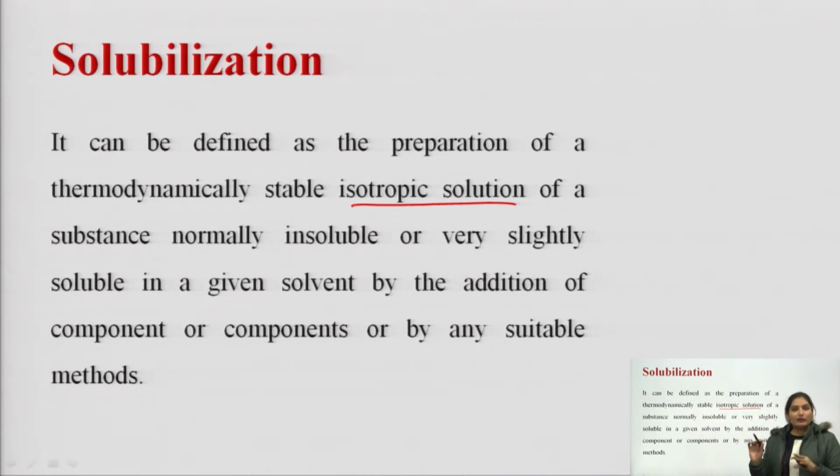So, what is solubilization? It is a technique to prepare an isotropic solution of substances that are normally insoluble or very slightly soluble in a given solvent by the addition of another component or by implementation of any suitable methods. Okay.